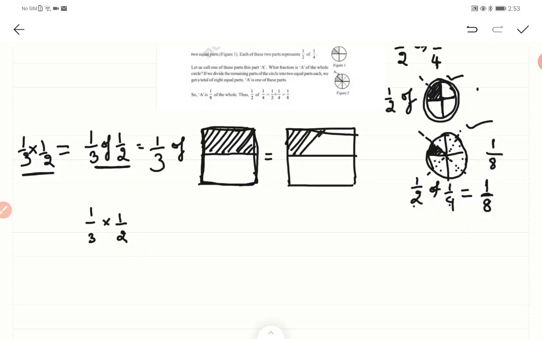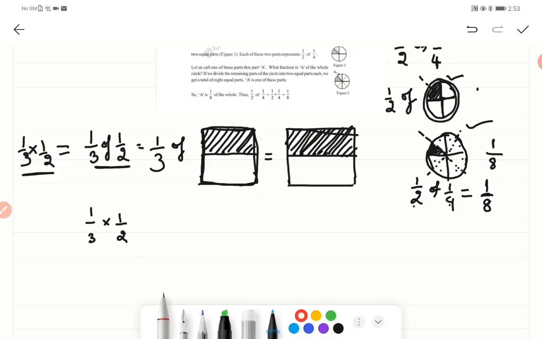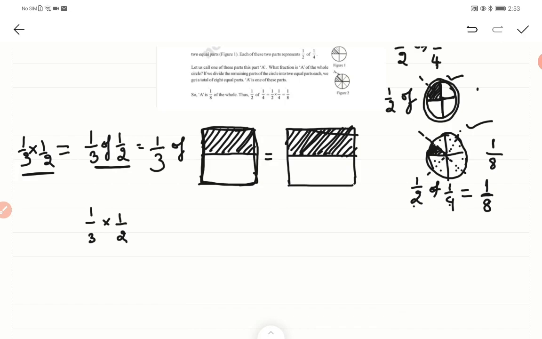You are shading this particular region. Now let me take the division of 1 by 3, 1 by 3 of this 1 by 2, isn't it? In 3 equal divisions, only one region is shaded, isn't it? So only this region you are getting as a shaded one.